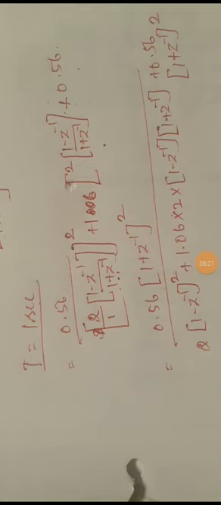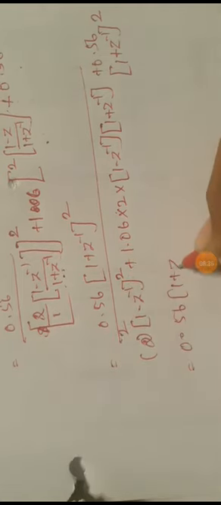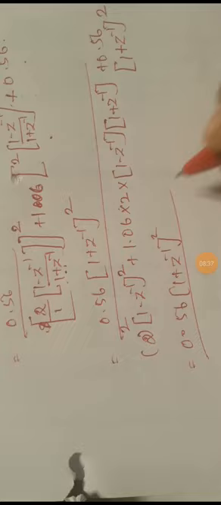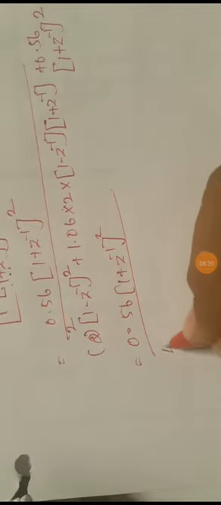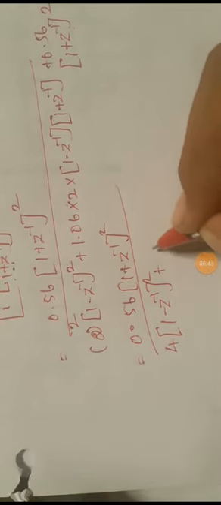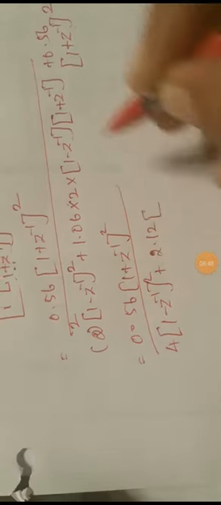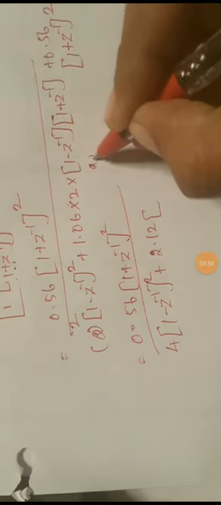So on solving this, it is actually 2 square divided by, which is equal to 0.56 into 1 plus z inverse whole square, and 2 square into 1 minus z inverse the whole square, plus 2.12 into 1 minus z inverse.